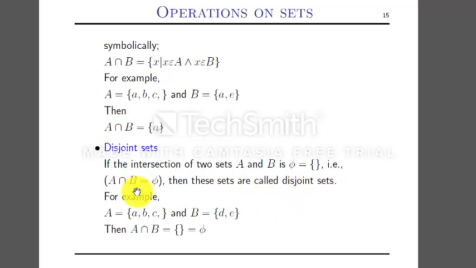For example, here A and B are two disjoint sets because not a single element is common, so A intersection B equals the empty set, which equals phi.